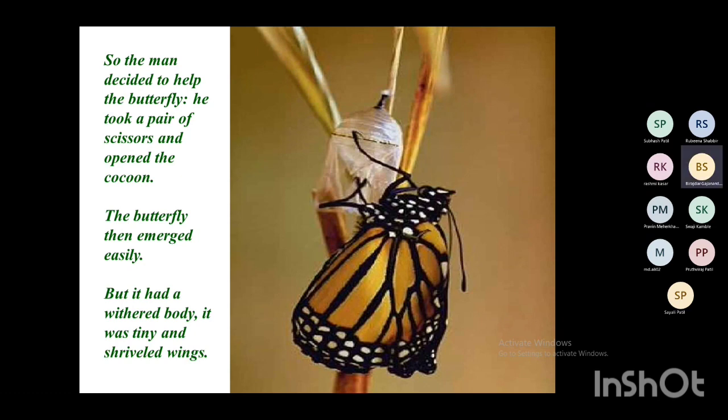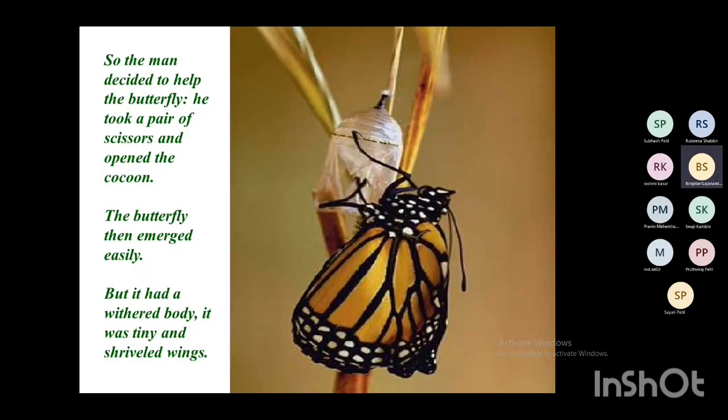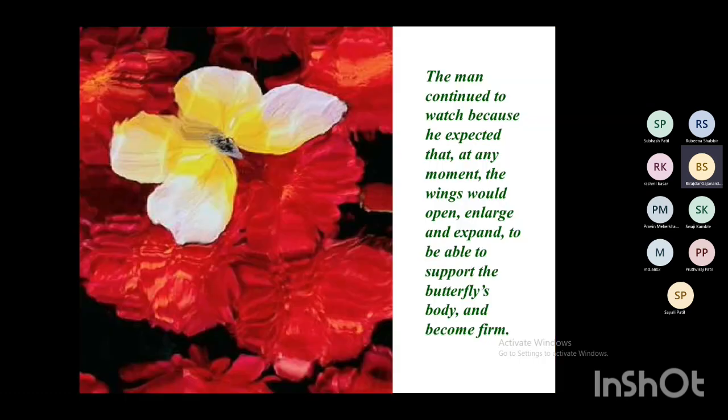The butterfly then emerged easily, but it had a withered body, tiny and shriveled wings. The man continued to watch because he expected that any moment the wings would open, enlarge, and expand to support the butterfly's body.